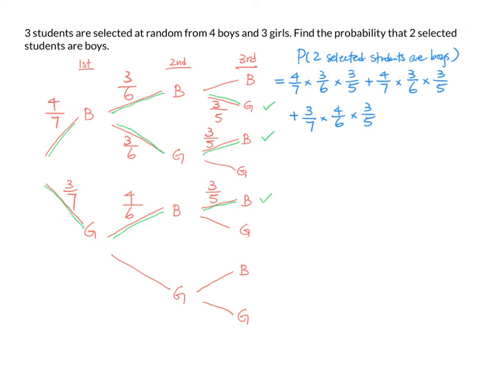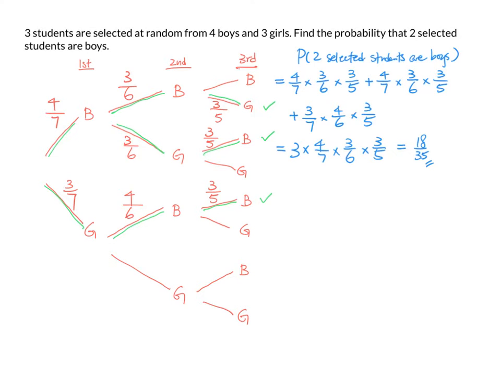But if you look at the denominator, they're all the same, and actually the numerators are also the same. It's just a matter of order. I first pick a boy and then a girl, or if you flip it around, the numerator will still be the same. So how do we use nPr and nCr?